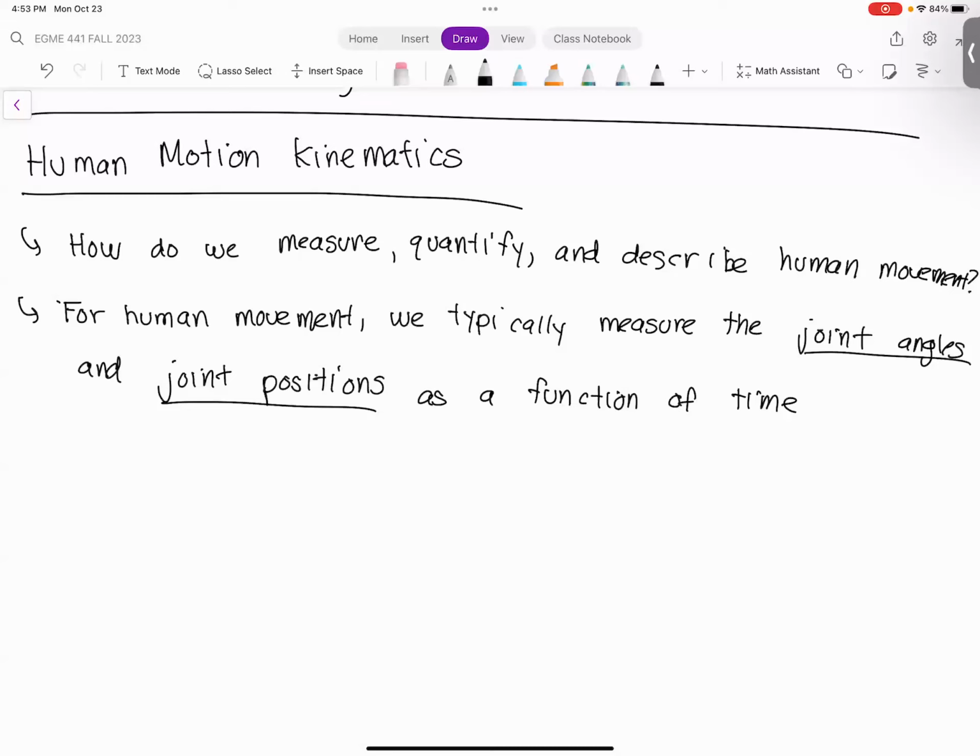Okay. And so, the standard way that we describe it is the joint angles and joint positions. Okay, where in this interpretation, or in this model, we assume that each segment of the body is fairly rigid.